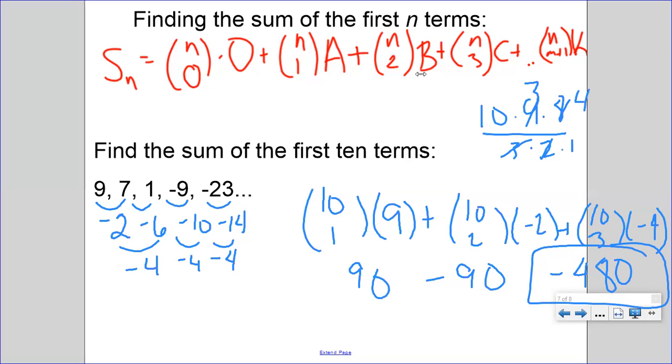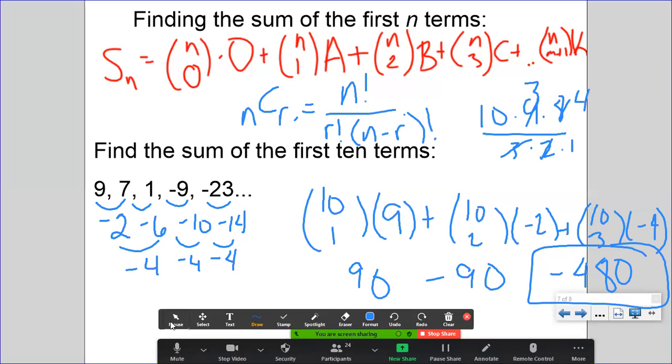Questions, comments, concerns? Wait, Mr. Herb, what's the formula for something choose something? If it's n choose r, it's n factorial over r factorial times n minus r factorial.